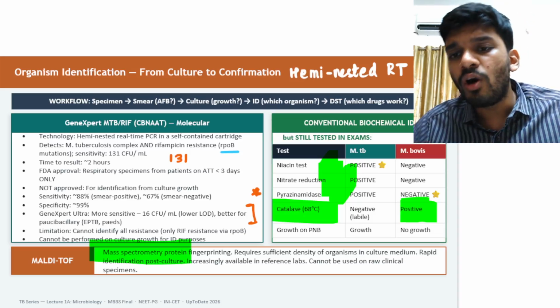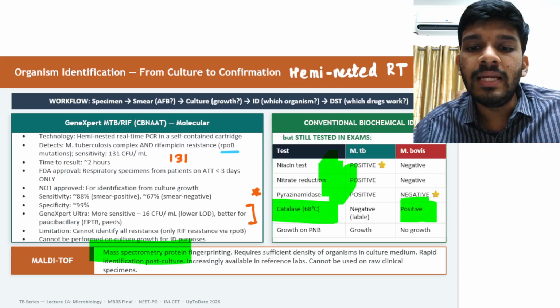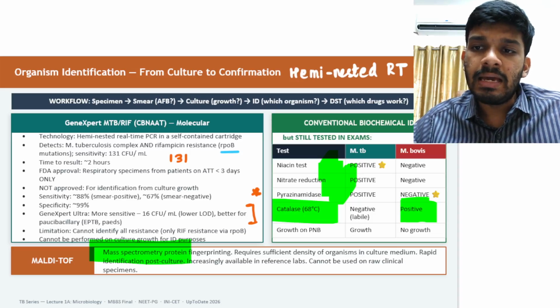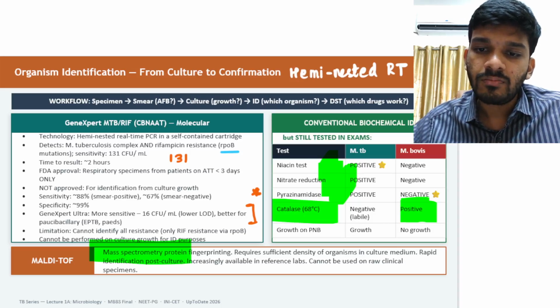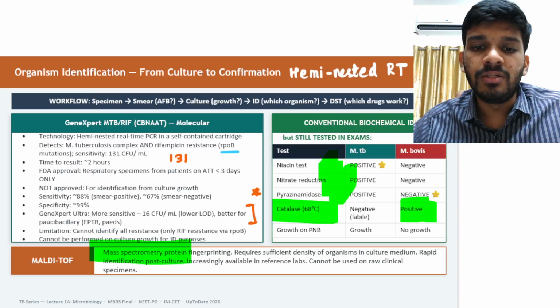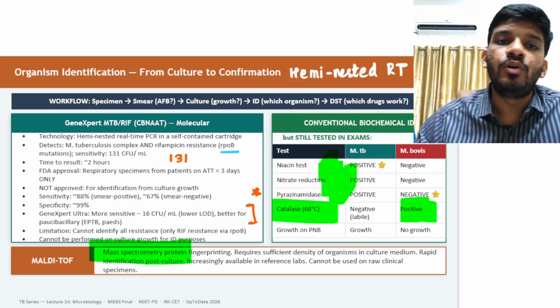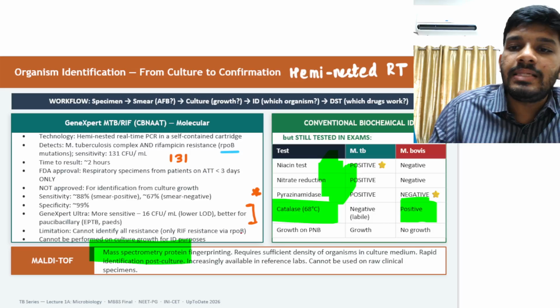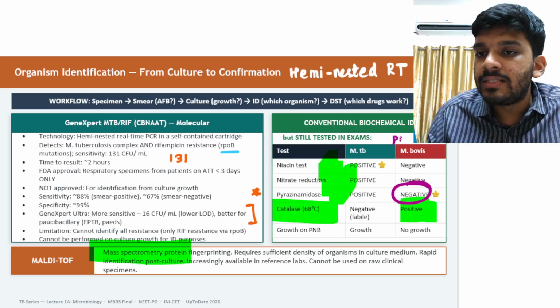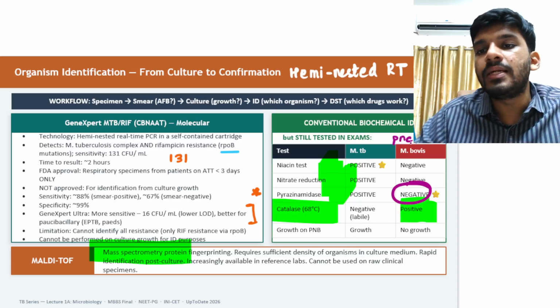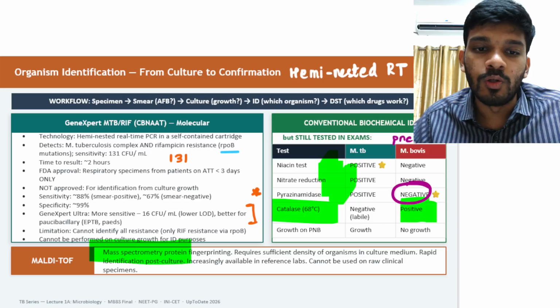But just remember catalase test is the only important test that is positive for Mycobacterium bovis, right? And because of a mutation, the PNCA mutation, Mycobacterium bovis is resistant to pyrazinamide. That is something that I stressed to you in the first slide also.